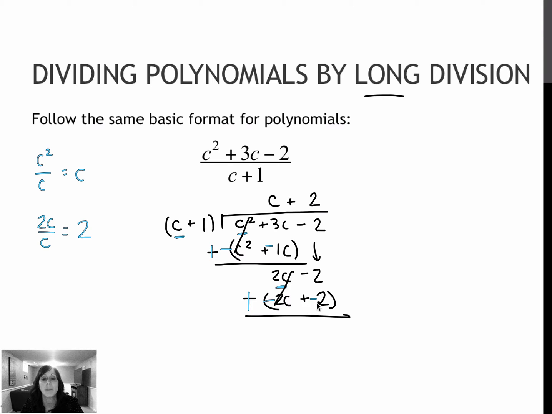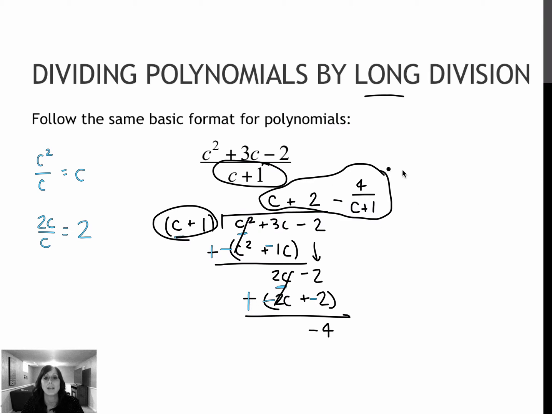And minus 2 and minus 2 gives me minus 4, which means I do have a remainder. My remainder is minus 4 over c plus 1, the c plus 1 coming from here or here. So that this is my final answer. So this did not go in evenly, which will make more sense down the road. Well, we will want it to go in evenly.